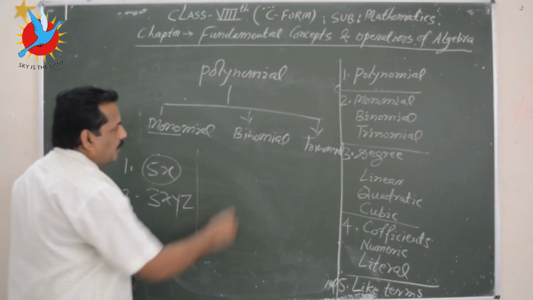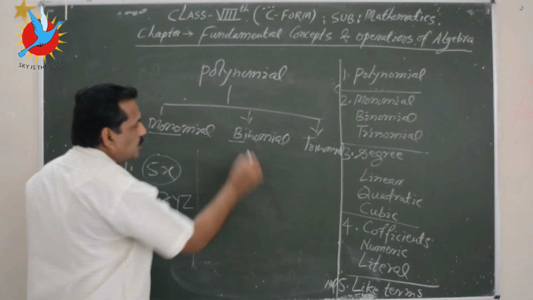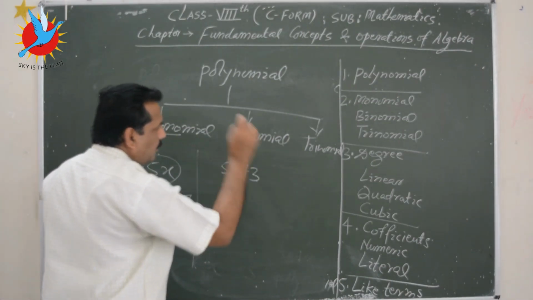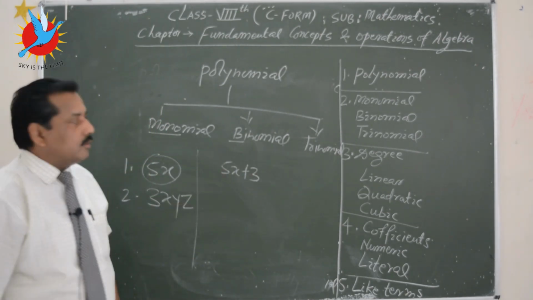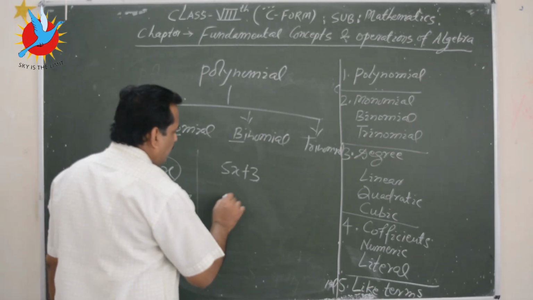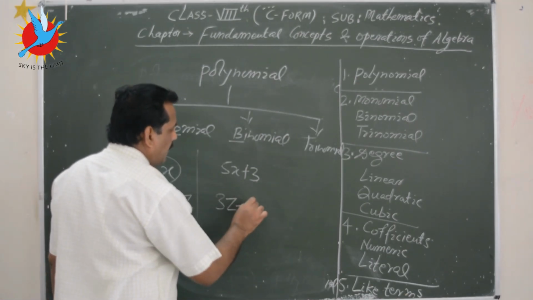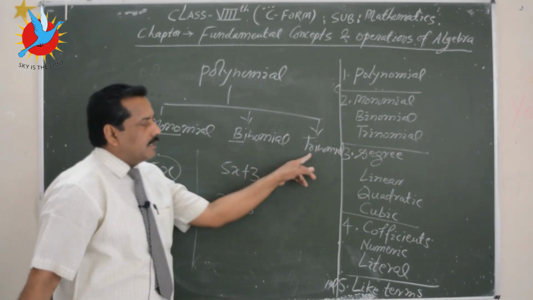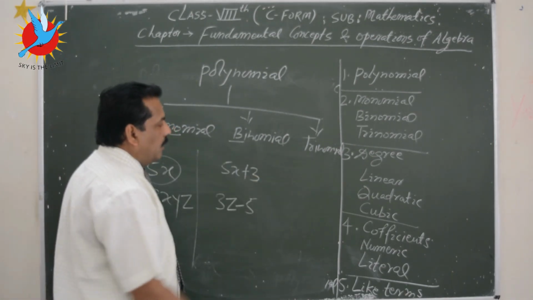Now binomial means two terms. Bi means two. Let us say 5x plus 3. How many terms are there? Two terms, so binomial. Nothing great about it. Maybe 3z minus 5, another binomial. Trinomial, as the name suggests, tri means 3.